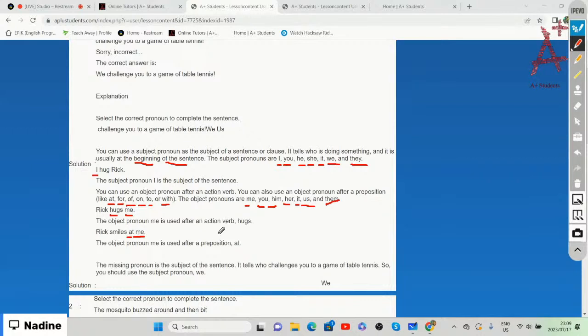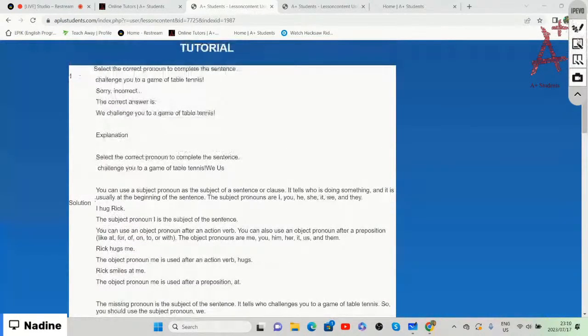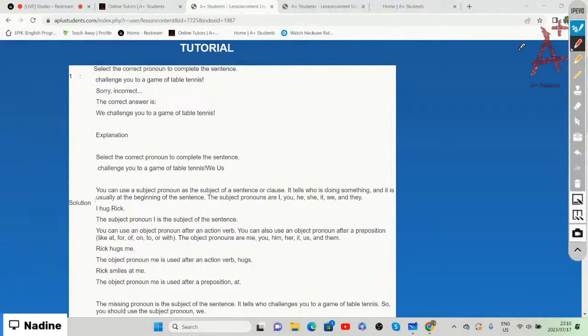Once again, a subject pronoun of a sentence tells us who is doing something, and it is usually at the beginning of a sentence. Now we are going to look at a few sentences on both subject pronouns as well as object pronouns.